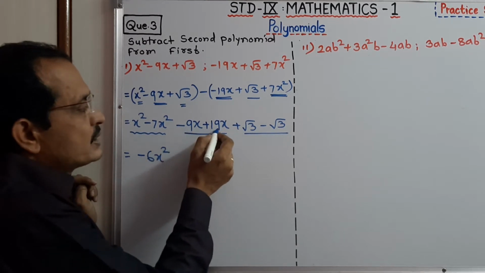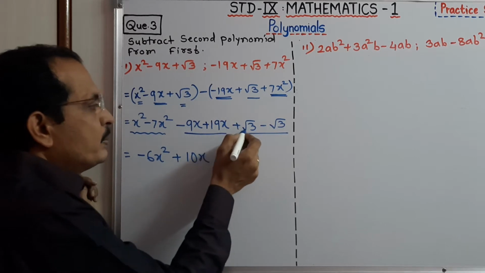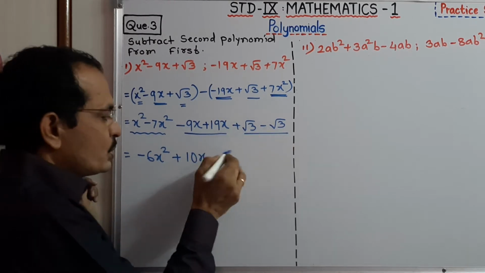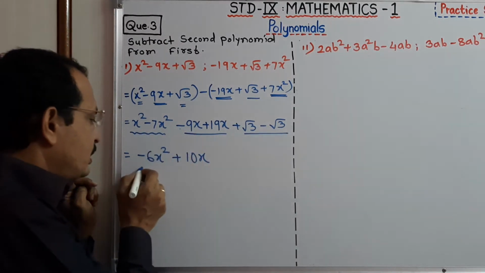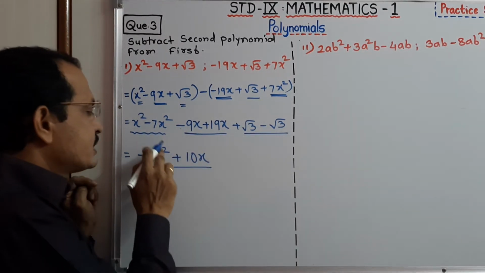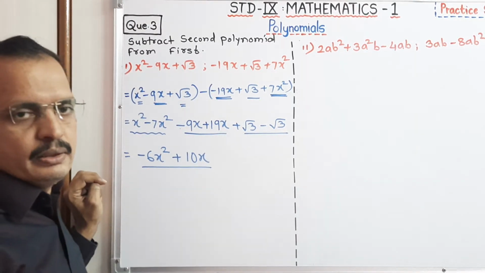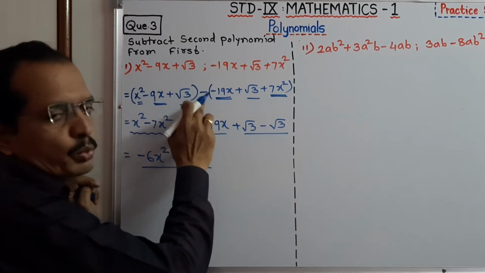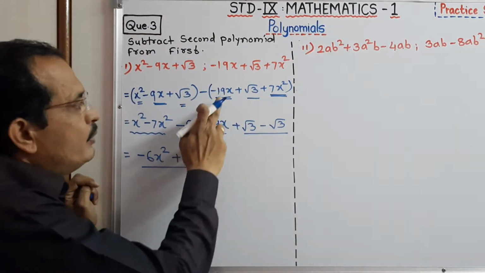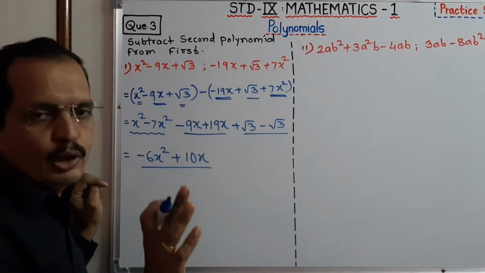Minus 9x plus 19x, it is plus 10x and plus root 3 minus root 3, dear student, it is 0. Therefore the final answer is minus 6x square plus 10x. Very easy. One thing you have to remember, when we have to do the subtraction, we have to put the minus sign and we have to change the sign of every term of the second polynomial.